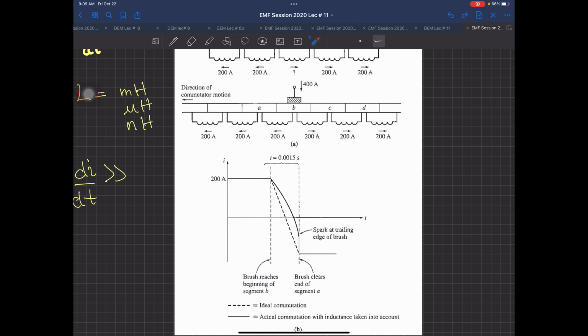It has to be ideal like this. But what happens is this trailing over here is going to create a sparking, and at the very same time this sparking is taking place at the carbon brushes. So the carbon brushes are again going to be heated and damaged.